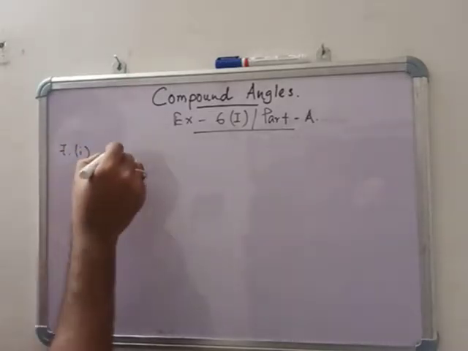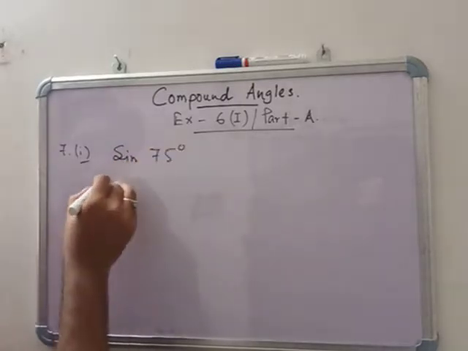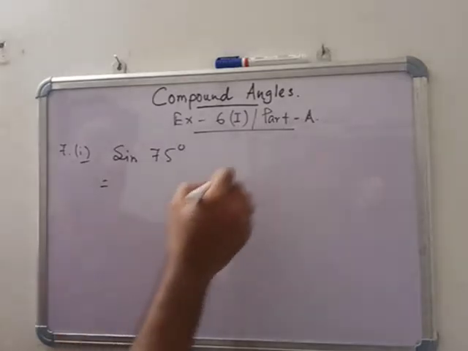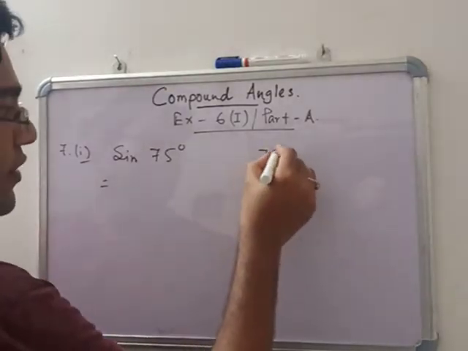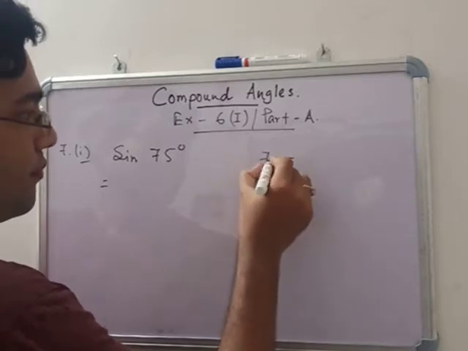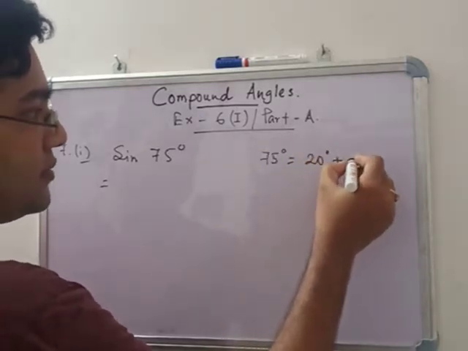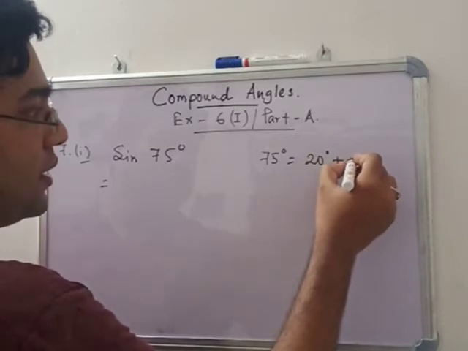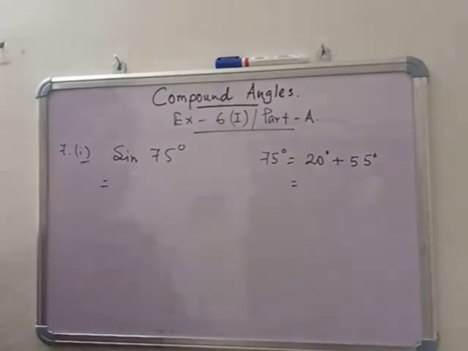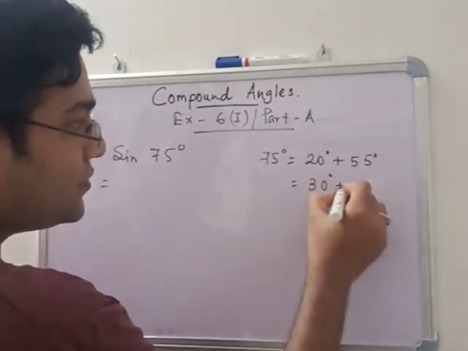Sine 75 degree is given. Sine 75 can be written as many angles: 75 equals 20 plus 55, so many, but here preferably 30 plus 45.